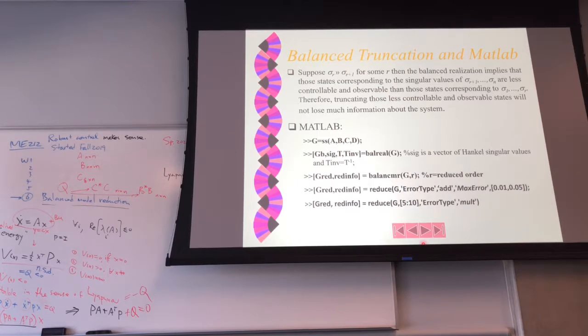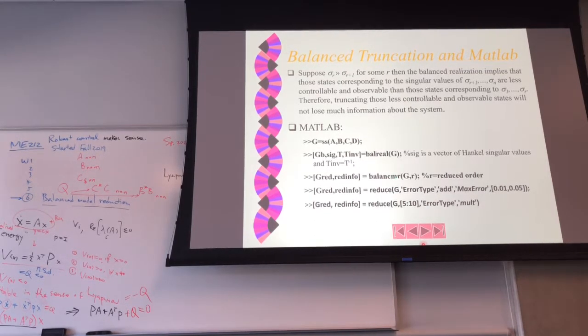And you truncate those Hankel singular values. It's called reduced order. So you have balanced model reduction.